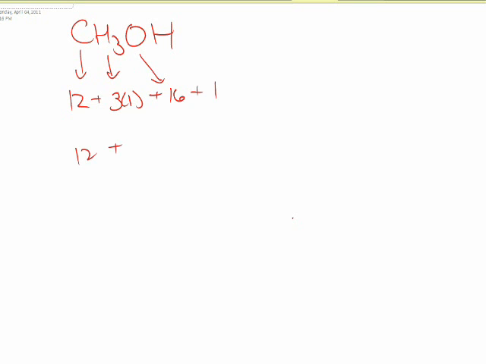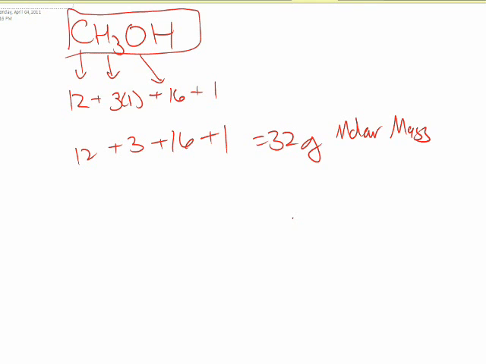So we have 12 plus 3 plus 16 plus 1, and we have 32 grams if I added correctly. So 32 grams is the molar mass of methanol. So really all we have to do is add up the atomic mass units, change it to grams, and we have the molar mass.